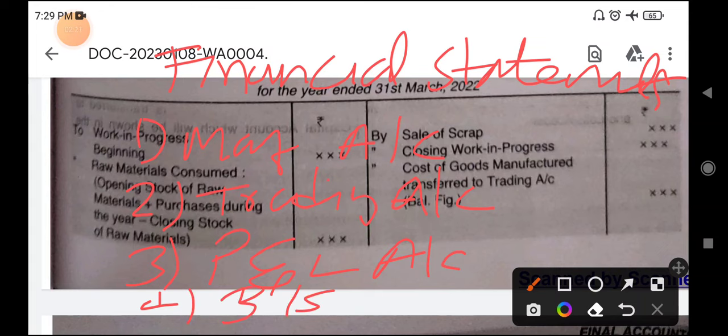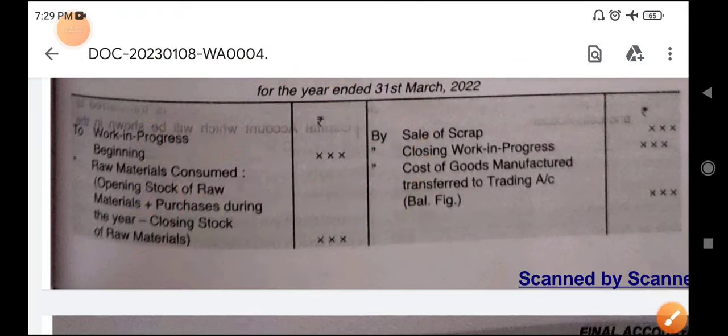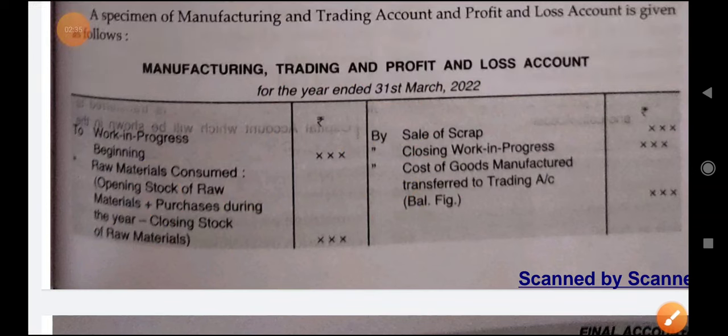These will be prepared in the financial statements of proprietorship business concerns.